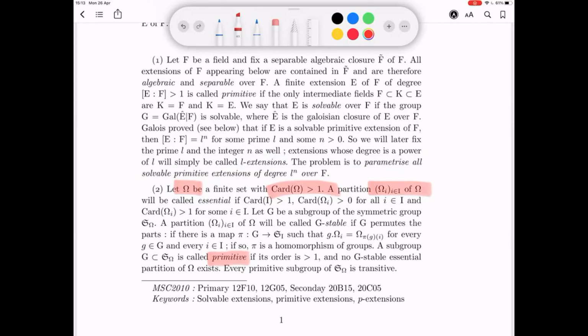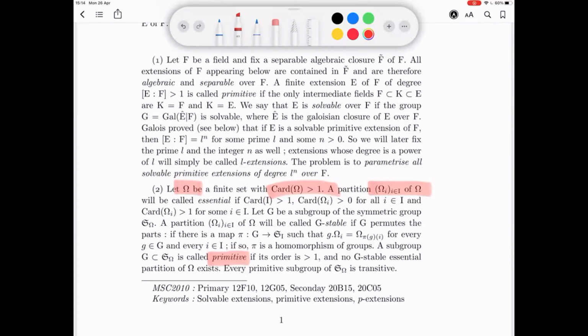That's what a partition is. And of course, any set omega has two partitions. There's a partition in which there's only one part, so it's a set of subsets. There's only one subset, and that's omega itself. That's a partition, of course.